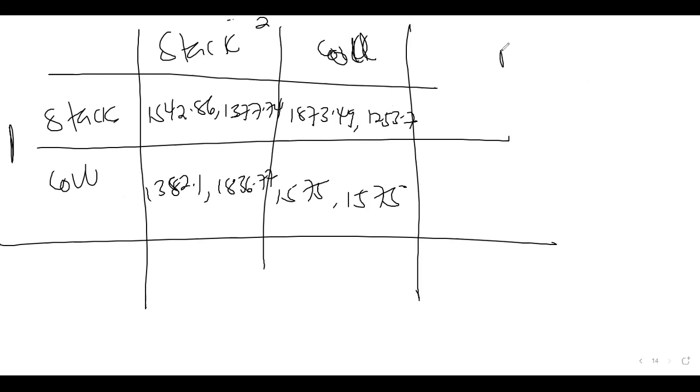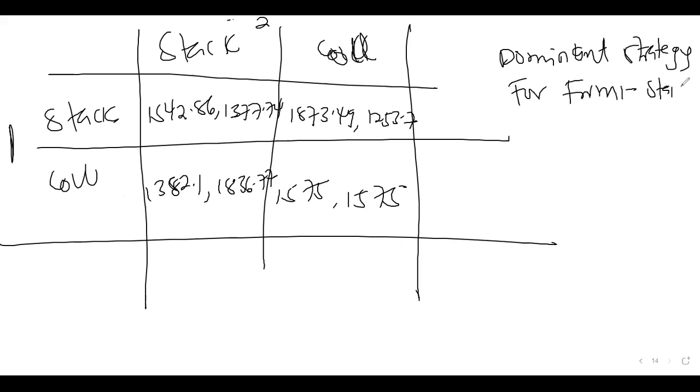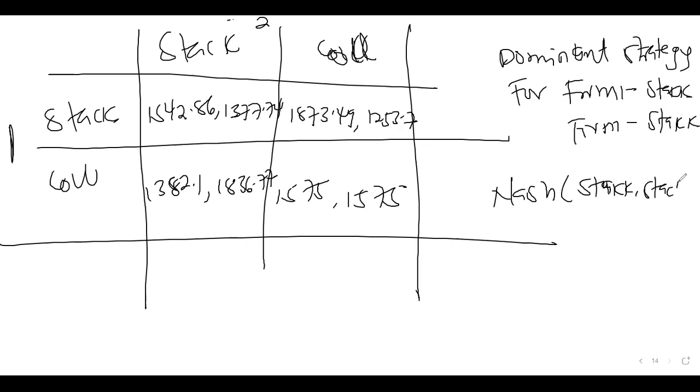So if you work it out, you realize that the dominant strategy for firm 1 is to play Stackelberg. And then firm 2 too, his dominant strategy is to play Stackelberg. That means that the Nash equilibrium will occur at Stackelberg. Then the outcome of that will be 1542.86, 1377.74.